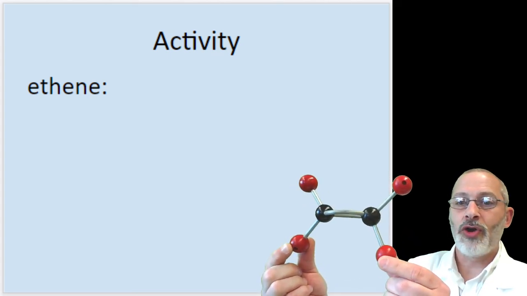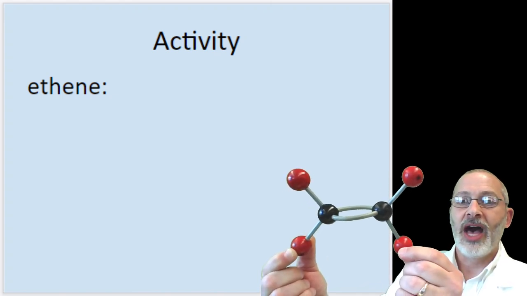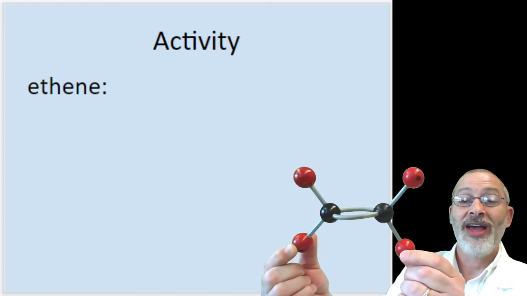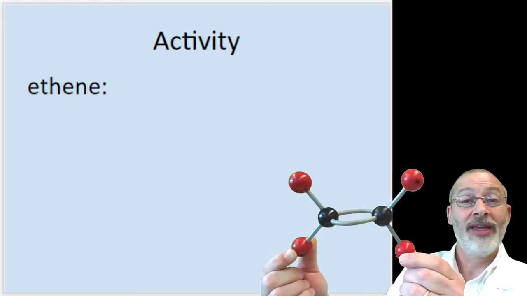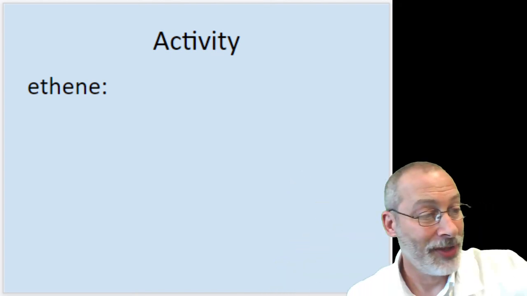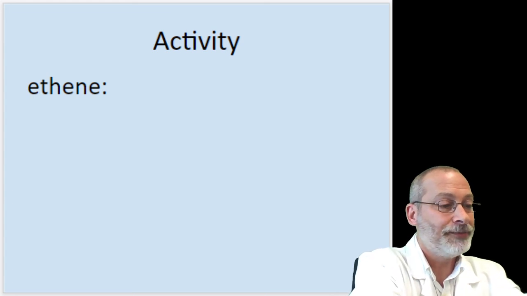Remember, the black is carbon and the red is hydrogen. So draw ethene, structural and molecular formula now. All right. Hopefully you were able to get that with little difficulty.